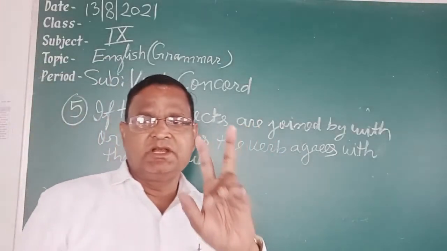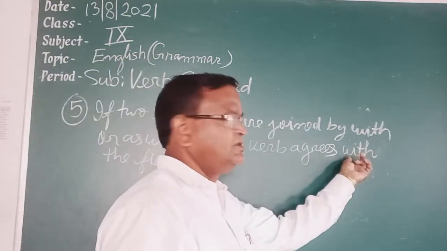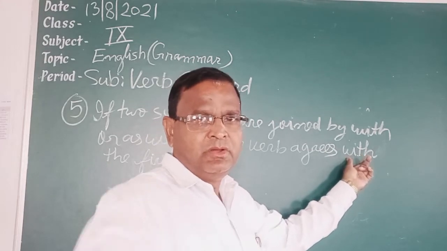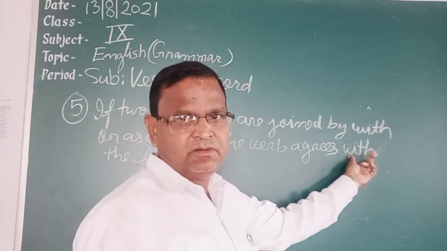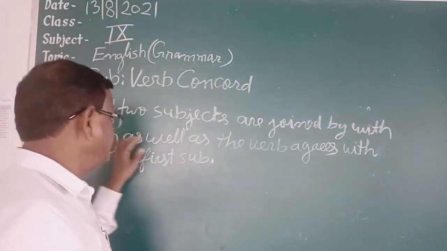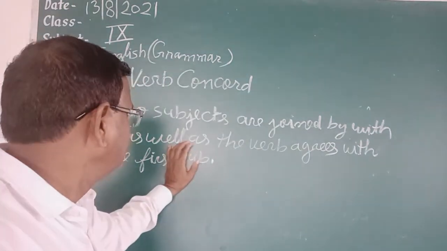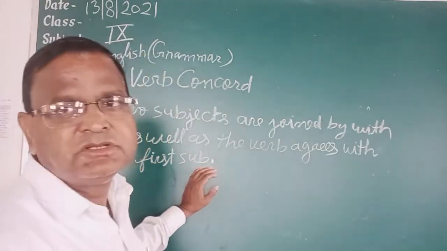If two subjects are joined by using with or as well as, then the verb agrees with the first subject.